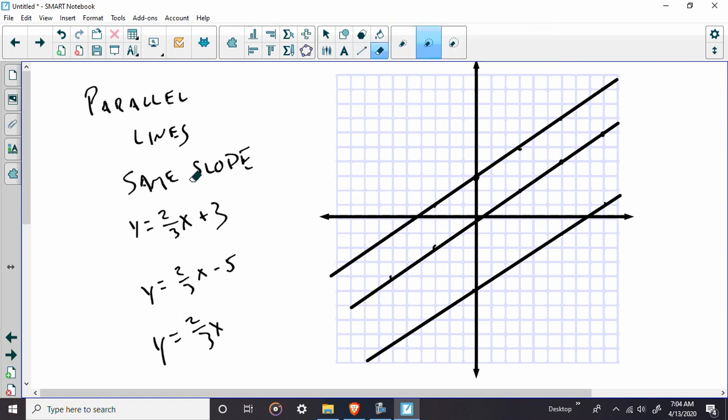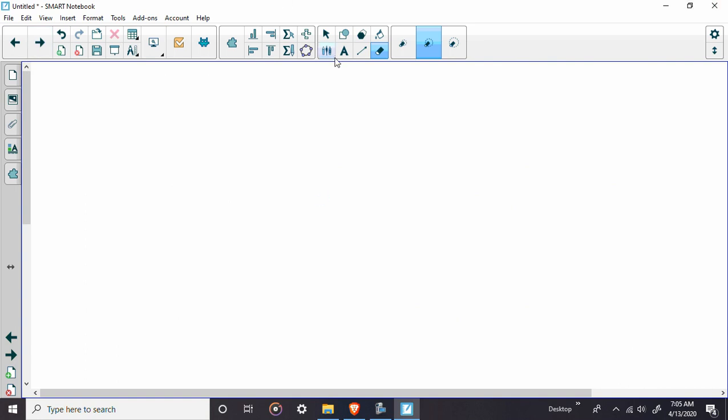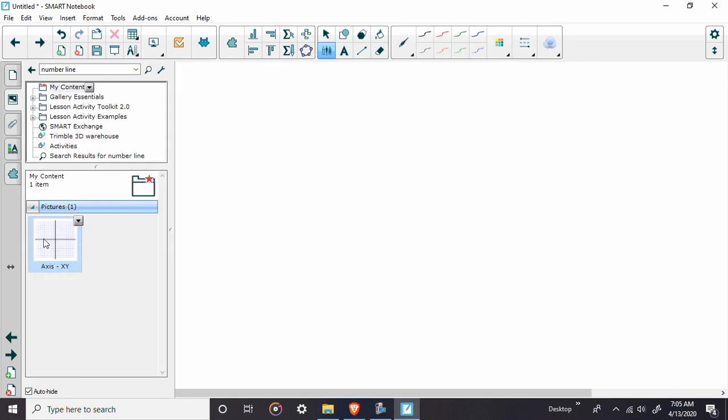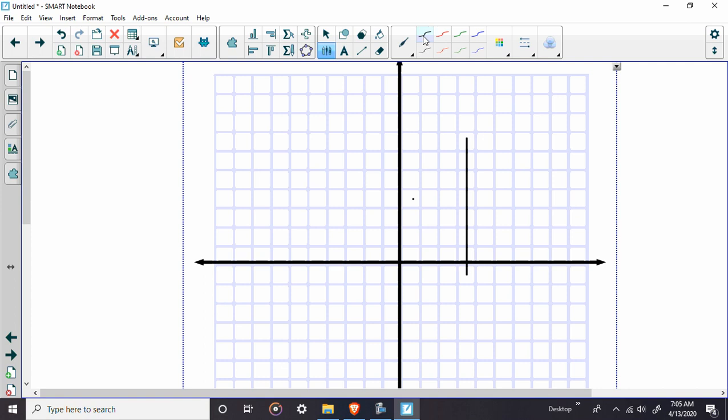All right. Let's start a whole new one, okay? Perpendicular lines. Let's get a coordinate plane out here.